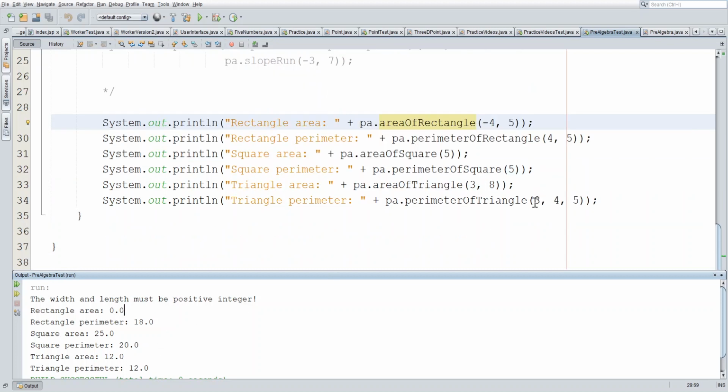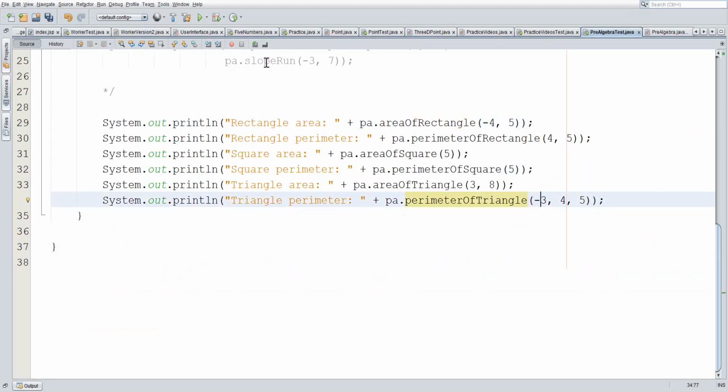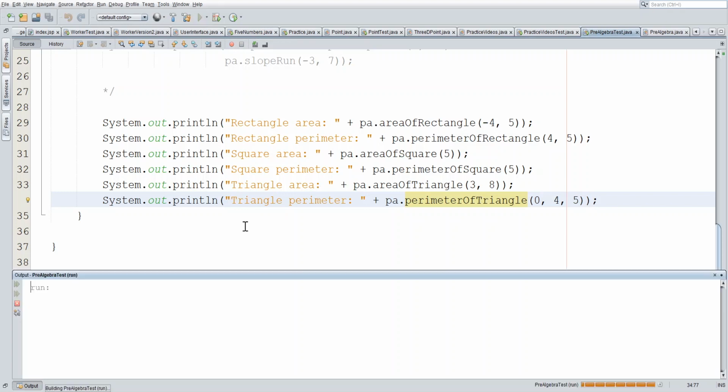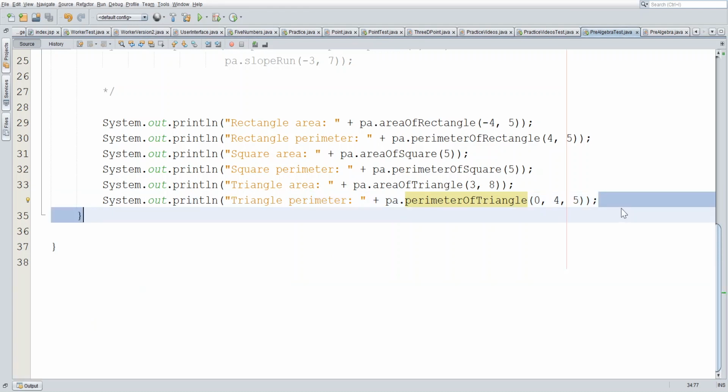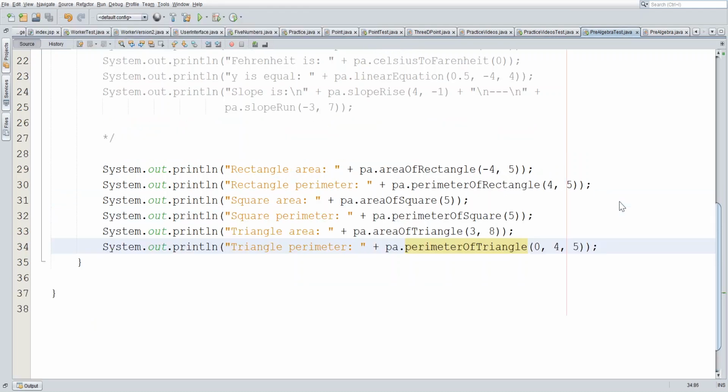And if I go ahead and do something in the triangle, let's do -3, or let's even check that 0, right? So the perimeter is 0 because we initialized it to 0, right? The sides must be positive integer. Oops, integers, right? So I have a couple of spelling errors there, and as you work through your program, you would want to make sure all the English is proper and whatnot for the user to really grasp what you're trying to tell them.